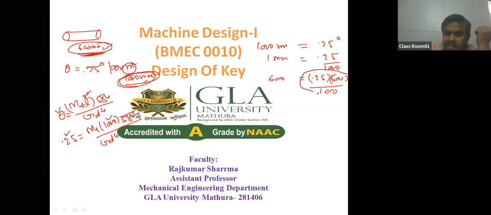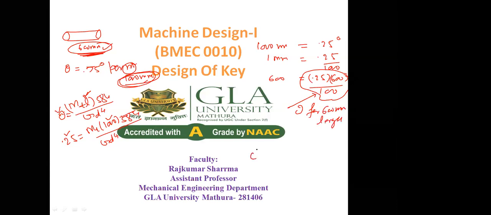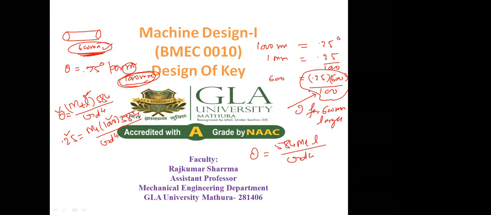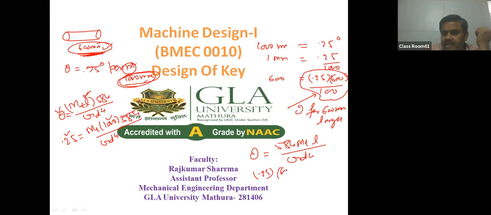So now this is your theta, the theta for 600 mm length. So you can use 584 MTL divided by GD^4. So your theta is 0.25 multiplied by 600 divided by 1000 equal to 584 MT. L is now 600 because the angle of twist is calculated for 600 millimeter of length.